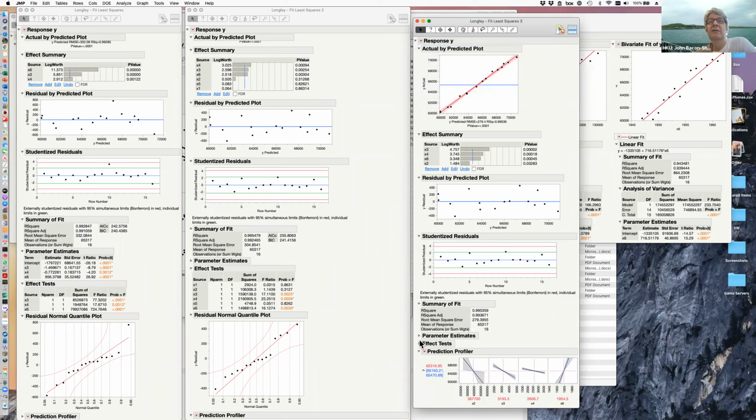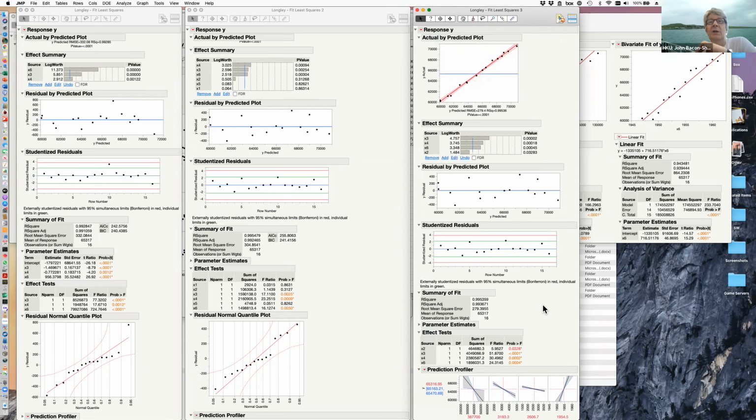So at the very least, it suggests we need to drop x1 and x5. It's just an issue about whether we also need to drop x2. So you'll notice that is significant at about 3% in this model, right? But AIC and BIC, let me put these back in here.